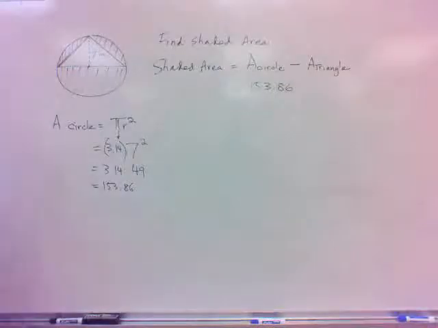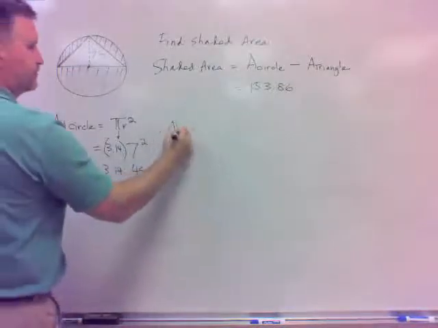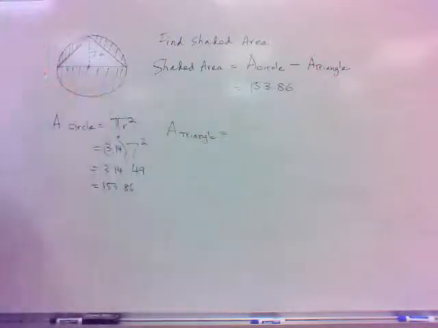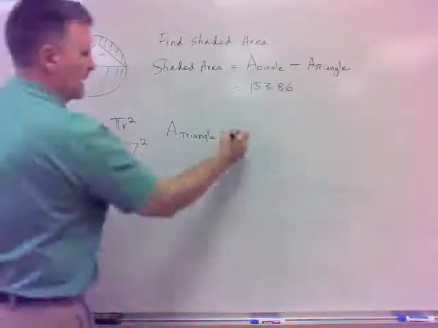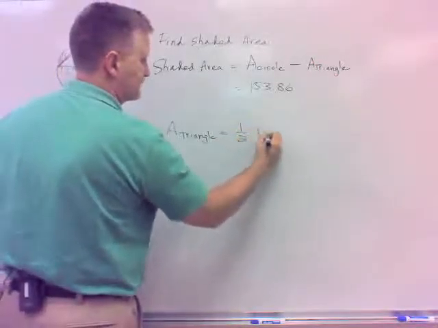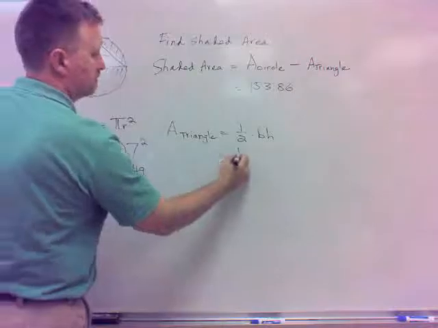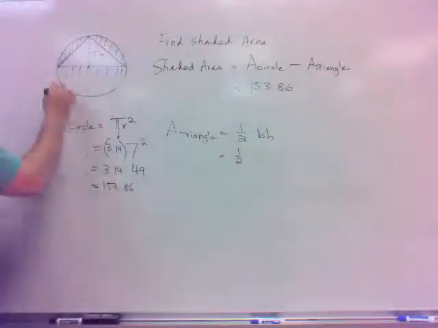What about that triangle? Triangle area, another formula, if you don't know, you need to know. It's 1/2 base times height, yes. Okay, well, what is my base? Well, let's call this the base.